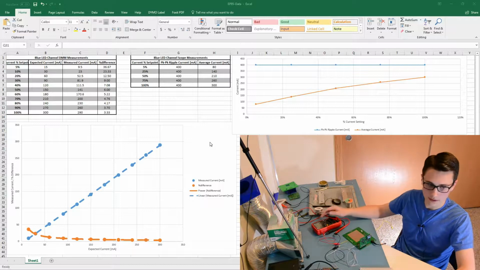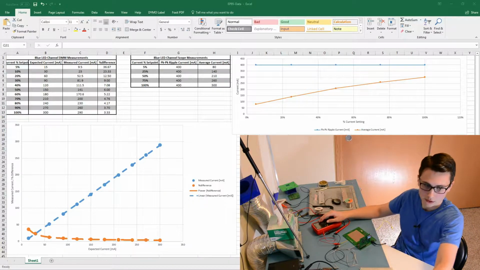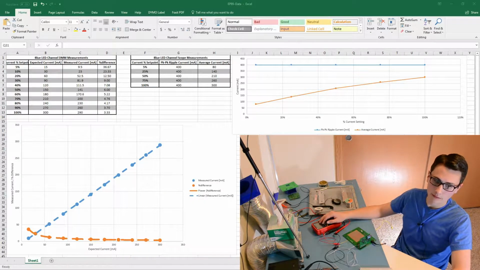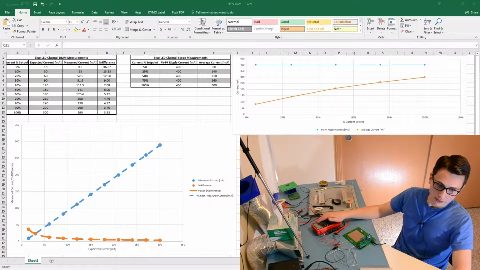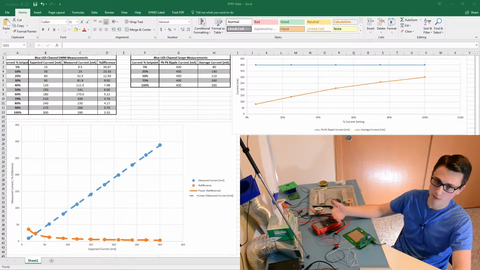And then the graph on the top over here is showing the average current and the peak-to-peak ripple current in milliamps. As we were walking through, I noticed that since it was PWM controlling the current to the LEDs, the average current was changing because the PWM duty cycle was changing, but the peak-to-peak ripple current didn't change at all since that was just going straight to the maximum.